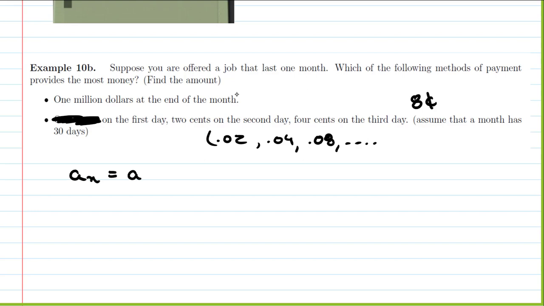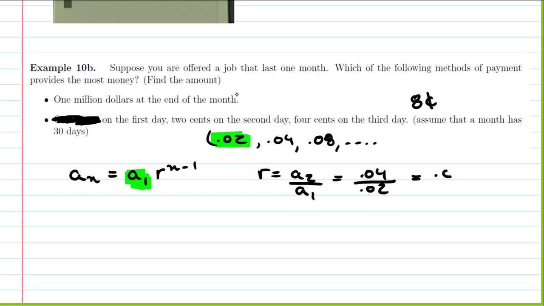So our formula for a geometric sequence is a sub n equals a sub 1 times r to the n minus 1. So our a sub 1 is easy, it's just the first thing in the list, and we find our common ratio r by doing any term divided by the one that came before it. So 0.04 divided by 0.02 gives us exactly the number 2.